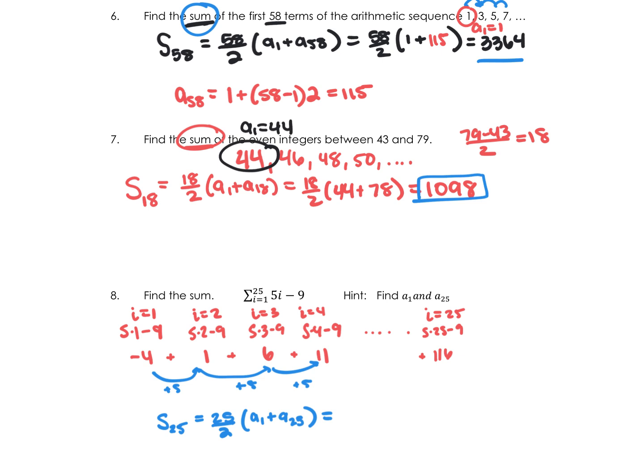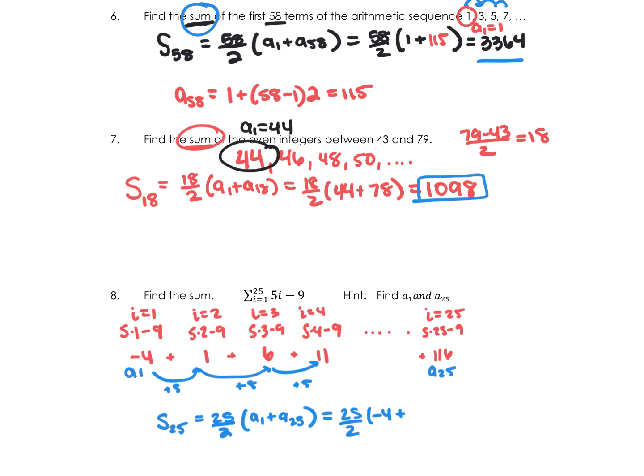Do we know what a1, the first term in our list, is? What's a1? -4, so let's go ahead and plug that in. In a few of the problems earlier, we used this to find a25, but you don't need to do that. You could, but you don't need to. Do you already know what a25, the last term, is? Yeah, it's 116. You already found a25. This one right here is the 25th term, the last one, and this one right here is a1, the first one.